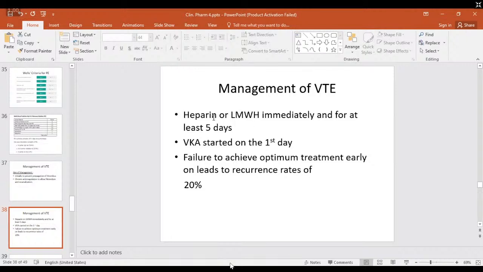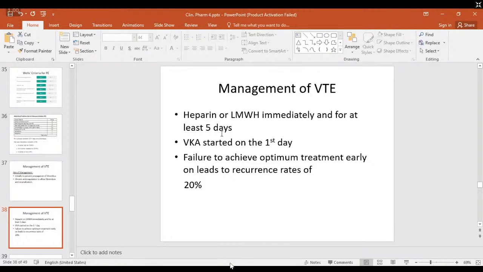That's why anticoagulants are used, and we can either use unfractionated heparin or UFH, or just the usual heparin, or low molecular weight heparins like LMWH immediately and for at least 5 days. After these 5 days, the patient can continue taking an oral anticoagulant.